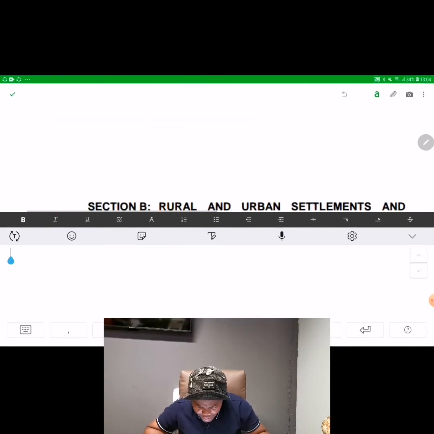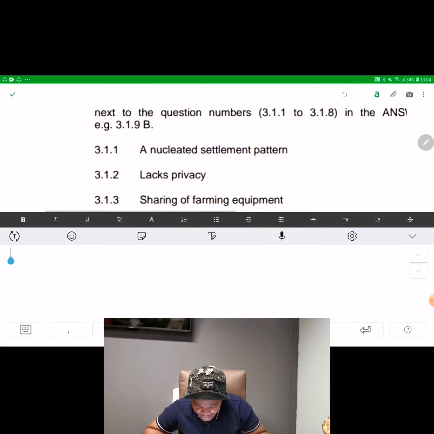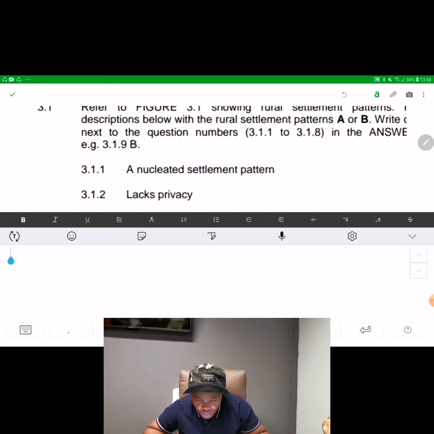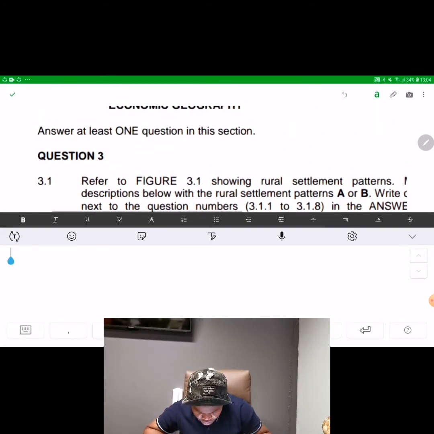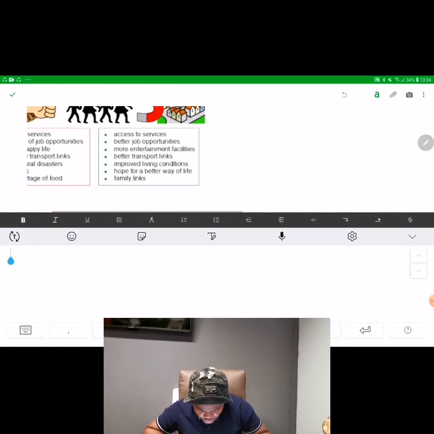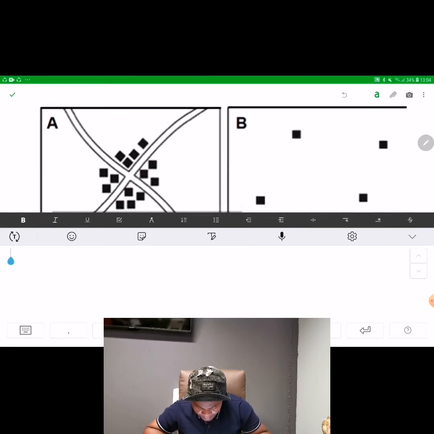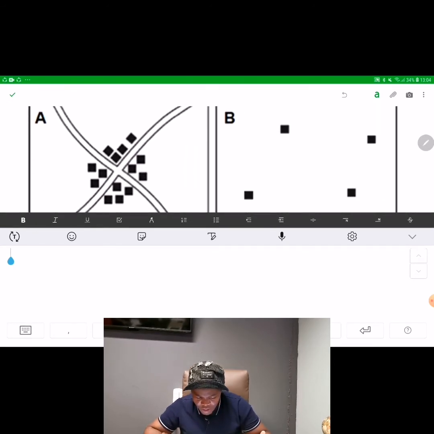So before we end the lesson, I want us to look at a few exam questions based on the rural settlement, or based on the lesson that we have just learned today. So here is our annexure. We have A and B. In A, you can see a group of people living together.